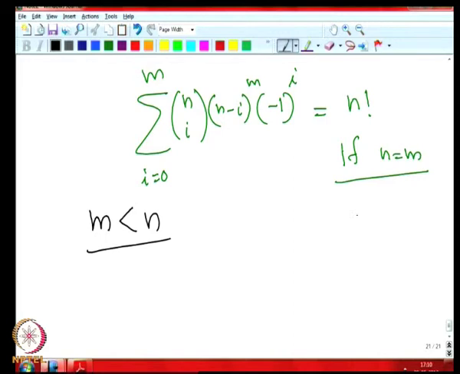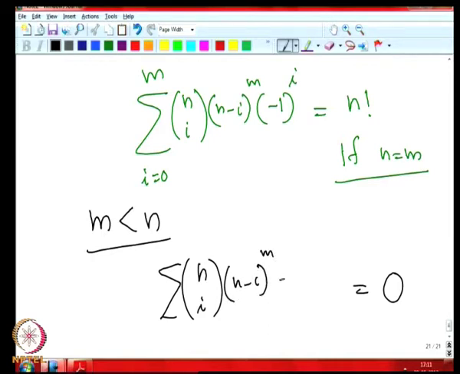So the number of onto functions has to be 0, but this formula still works, right. So this sum of n choose I into n minus I raised to m, times minus 1 raised to I, for I equal to 0 to n, has to evaluate to 0 somehow. So that is the two special cases.